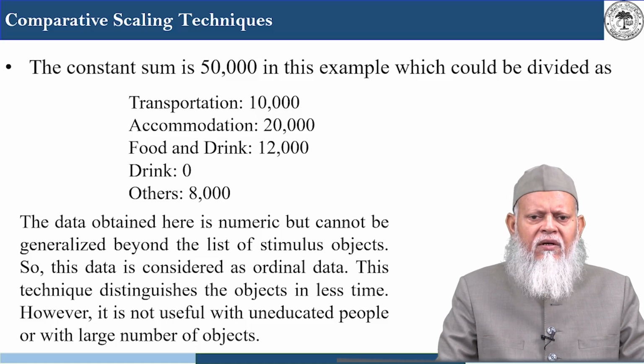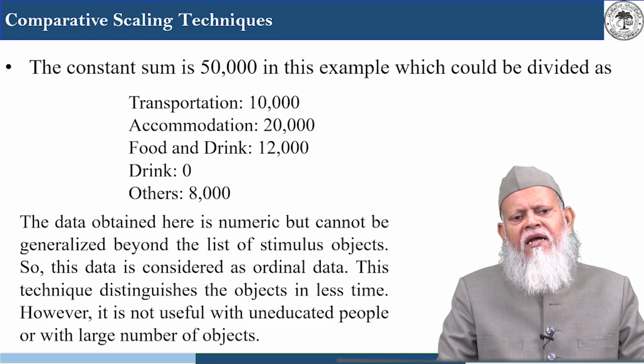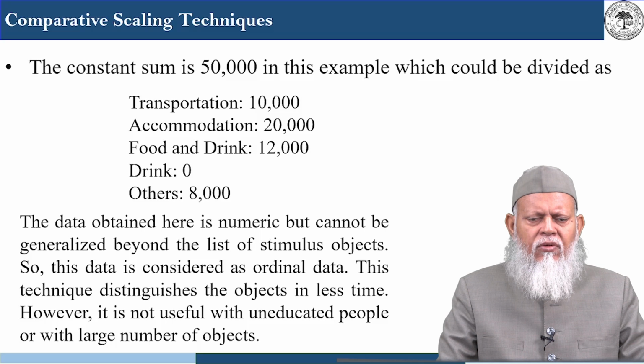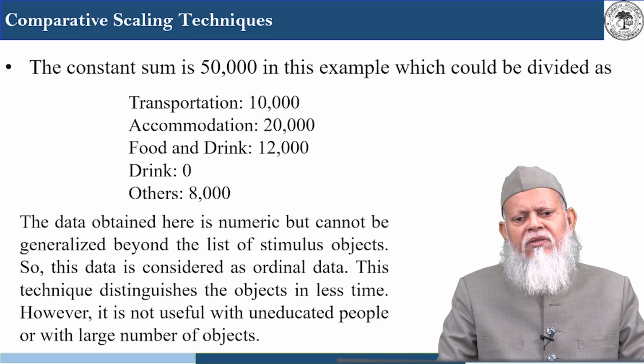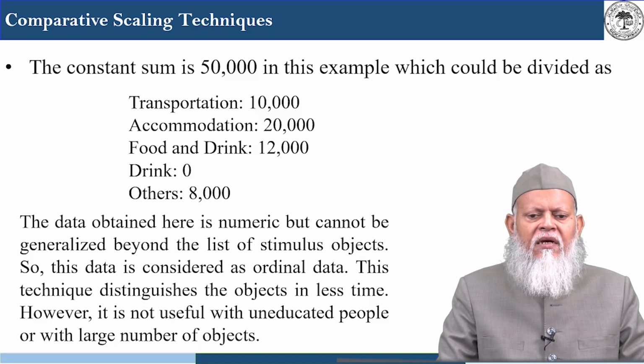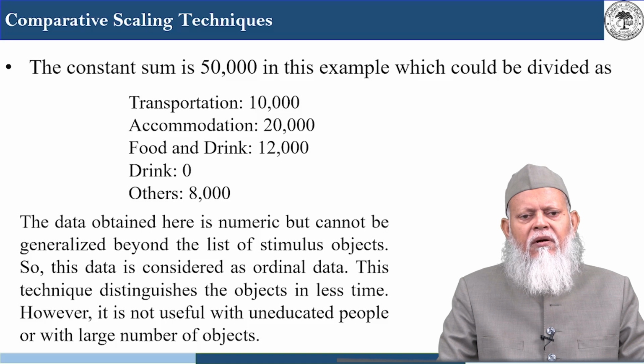Once we do it in practice, we find that these are not very tough. These are comparatively very easy, and anyone with a small knowledge of arithmetic can practice these comparative scaling techniques.